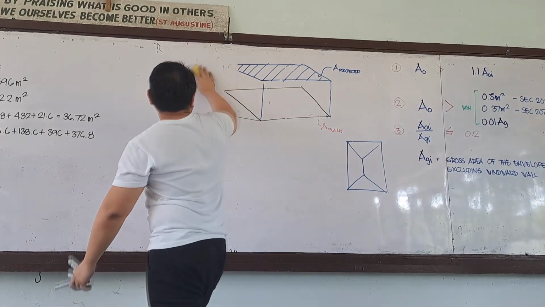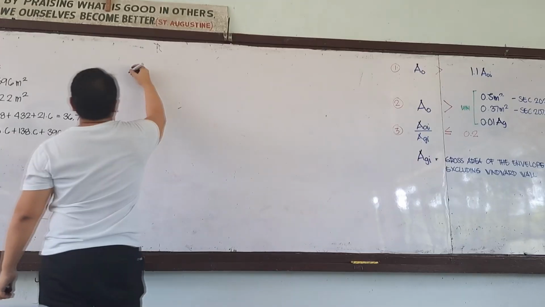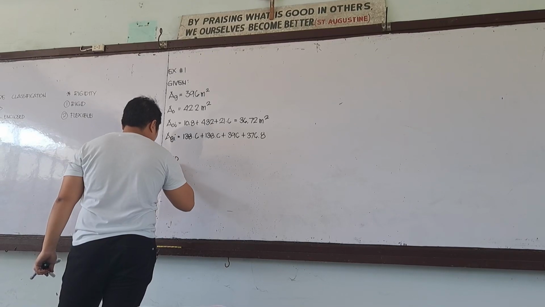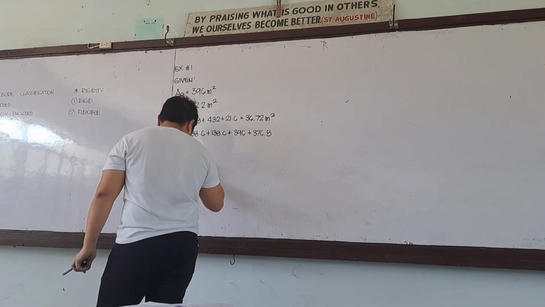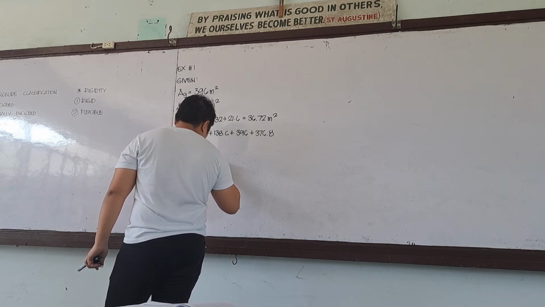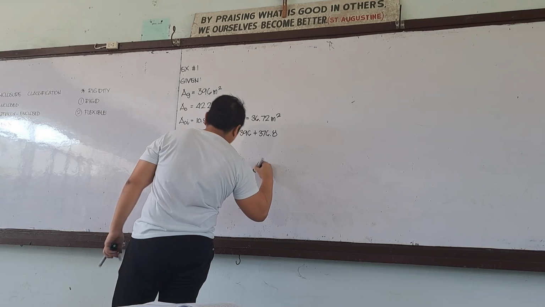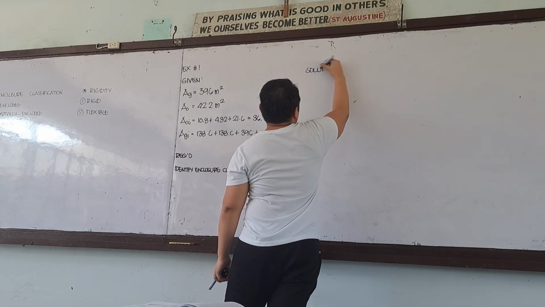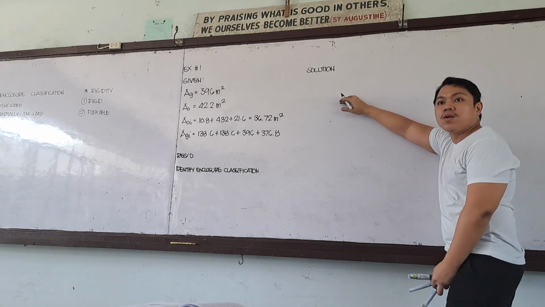Let's go back to our computation. What would be the first step in order for us to classify if the building is open, enclosed, or partially enclosed?